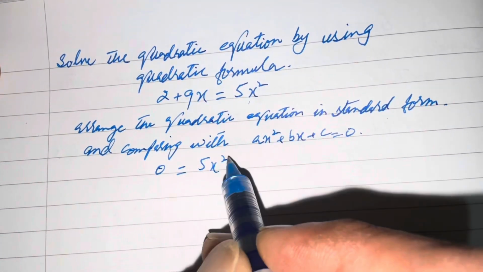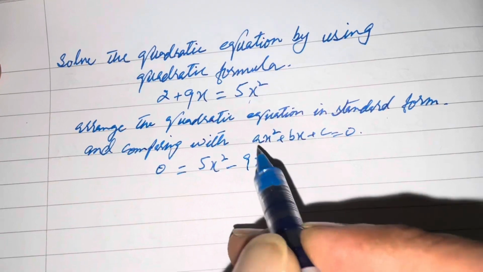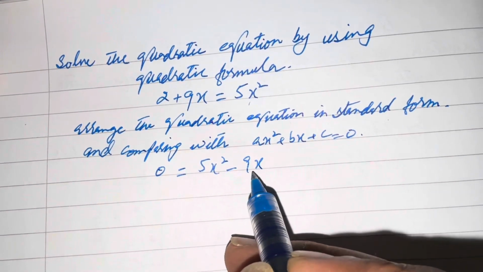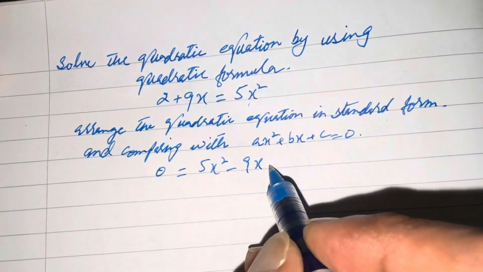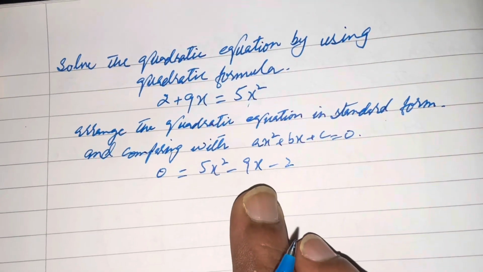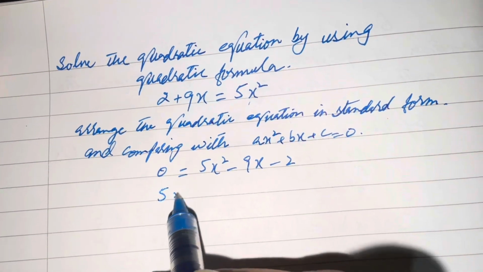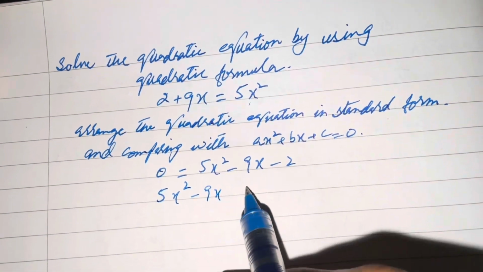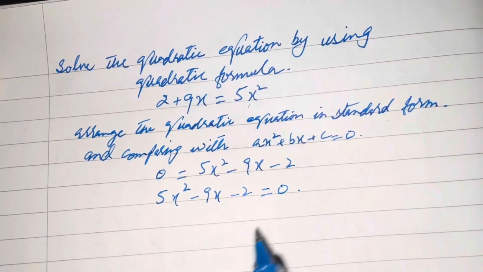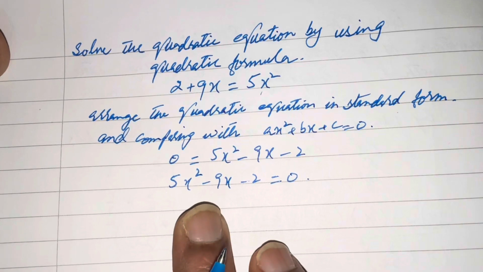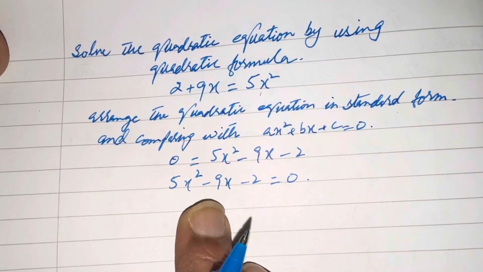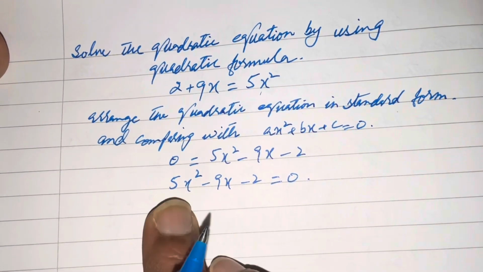When you take plus 9x to the other side it becomes minus 9x, and plus 2 becomes minus 2. Now we change the sides. That can be written as 5x squared minus 9x minus 2 is equal to 0. Now this equation has become the standard form of the quadratic equation.